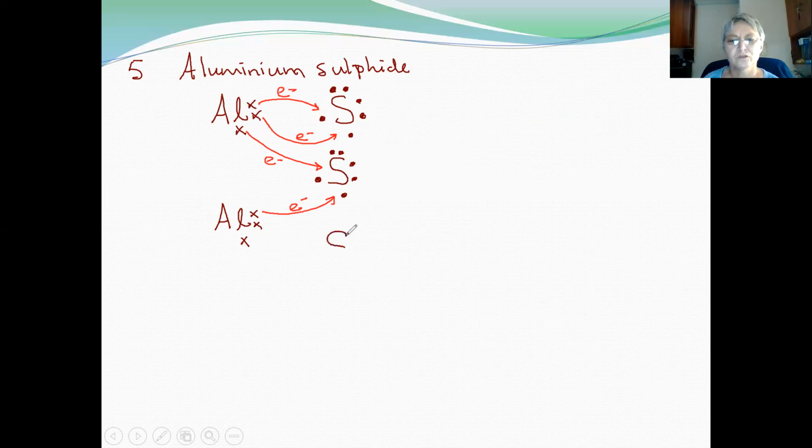Sulfur is now happy, but aluminium not. So it calls closer to it another sulfur atom, and aluminium, being the electropositive element, gives 2 of its remaining valence electrons to the sulfur. Now everybody is happy, and we have 2 aluminium atoms that have formed cations with a 3+ charge.